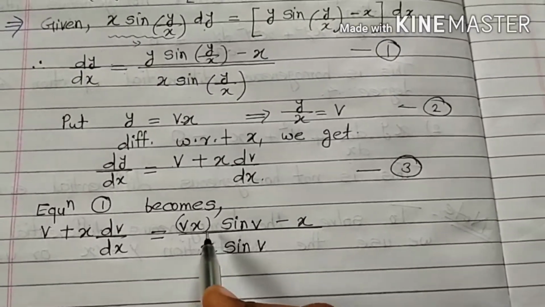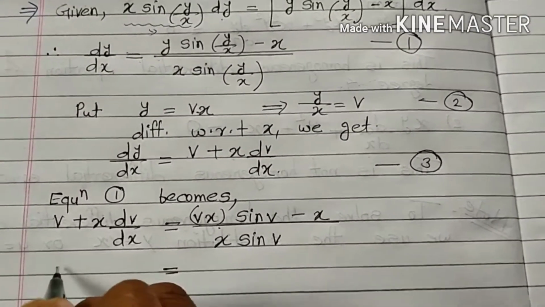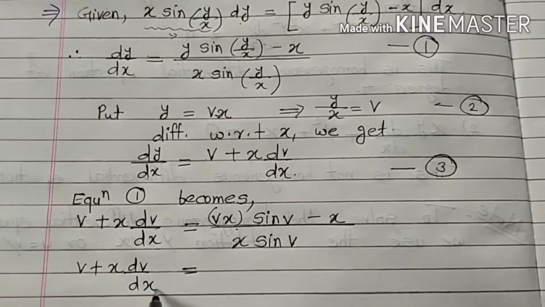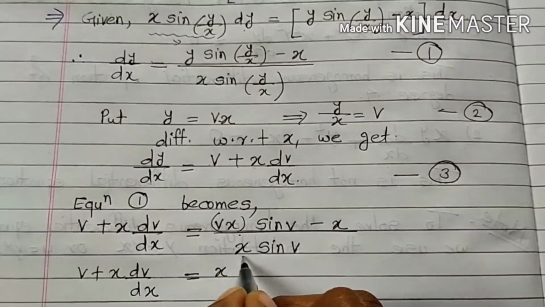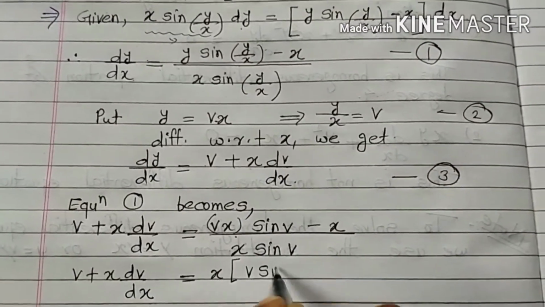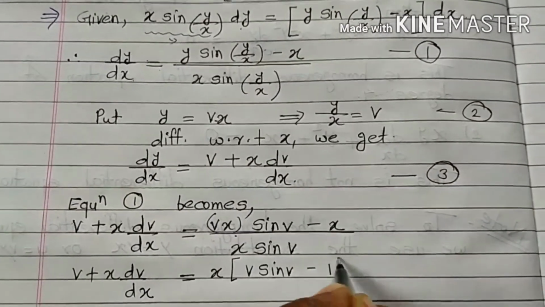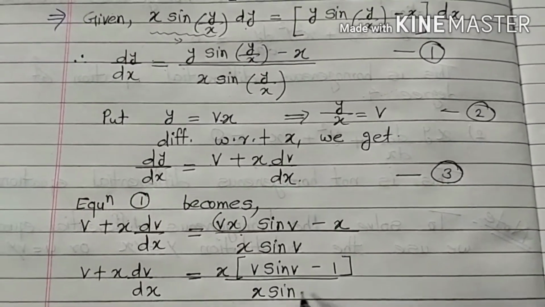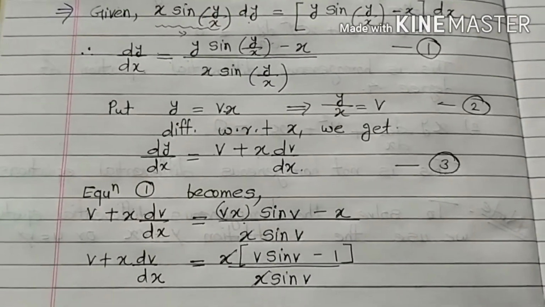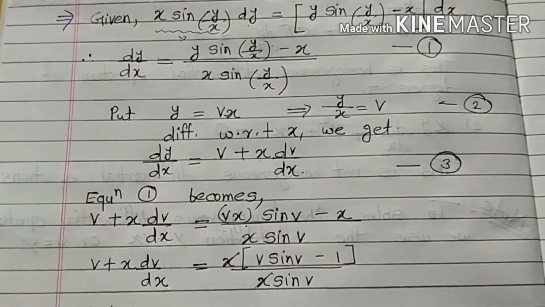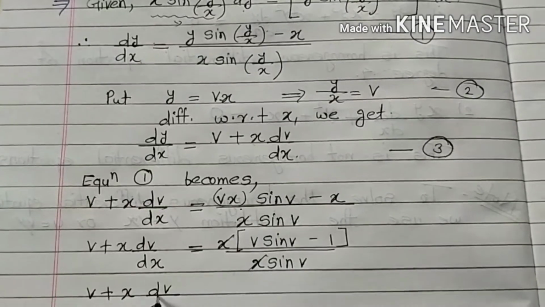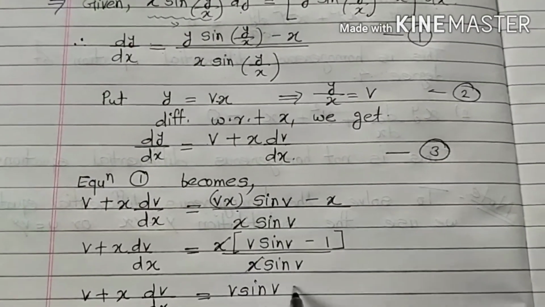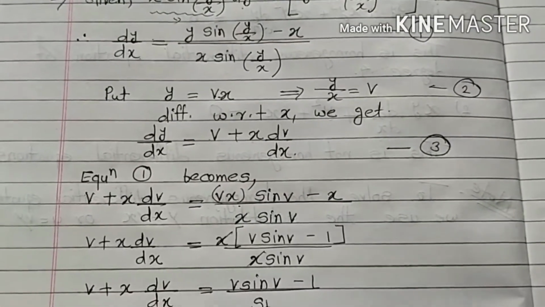Now you can take x common from the numerator, and this LHS side is as it is. So take x common, the remaining terms are v sin v minus 1 upon x sin v. Now this x and this x get cancelled. So the remaining terms are v plus x dv upon dx, which is equal to v sin v minus v upon sin v.